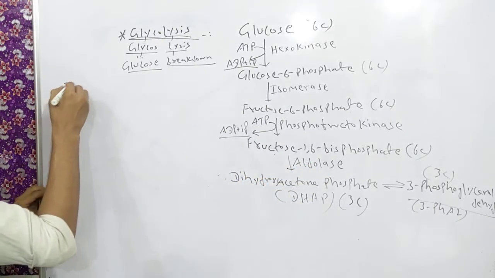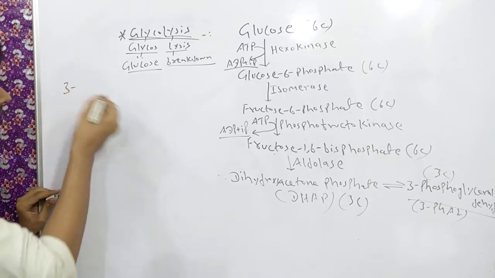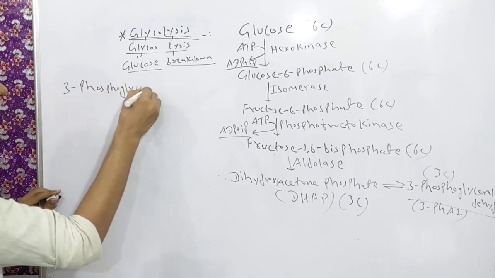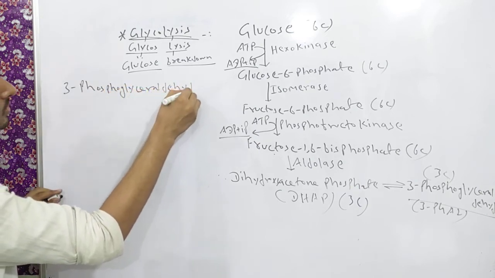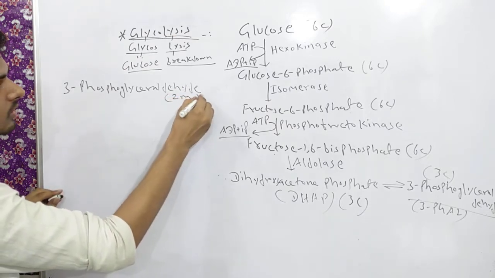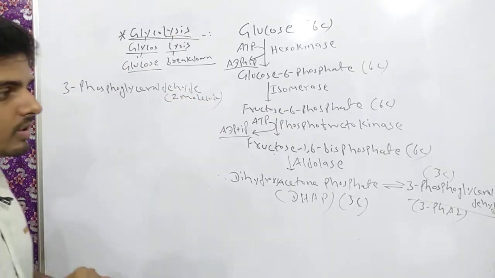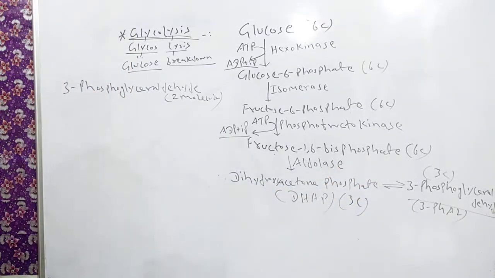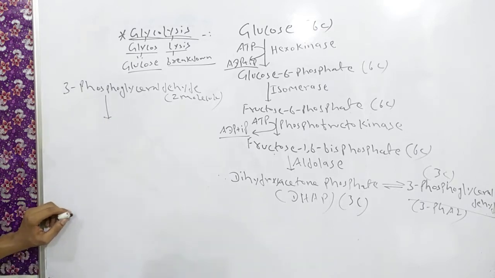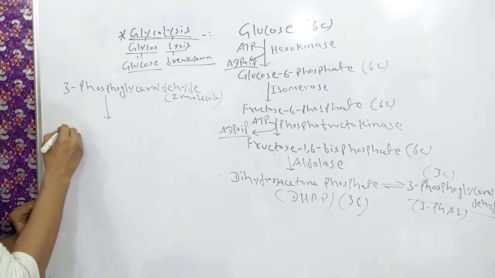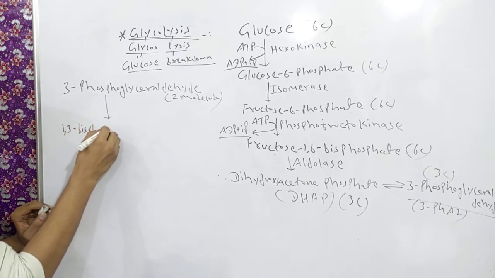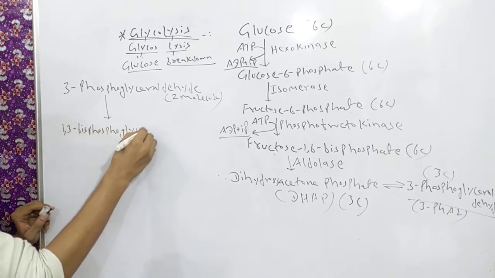So what happens? There is 3-phosphoglyceraldehyde, and how many molecules am I considering? 2 molecules. Why 2 molecules? One molecule is this and one molecule comes from here. So this phosphoglyceraldehyde gets converted into 1,3-bisphosphoglyceric acid.